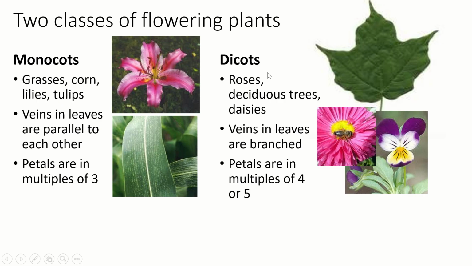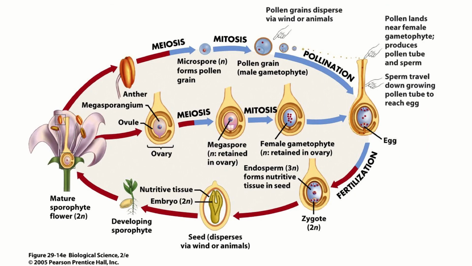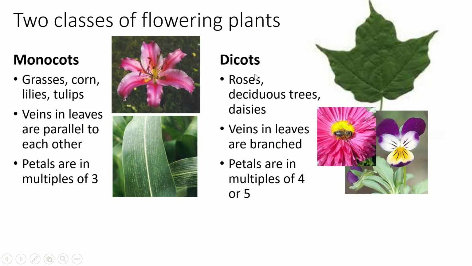They're monocots and dicots. Monocots have one seed part, and when the sporophyte first sprouts, it produces one leaf. Dicots have a two-part seed, and when they first sprout, they produce two leaves. Grasses, corn, lilies, and tulips are all monocots.